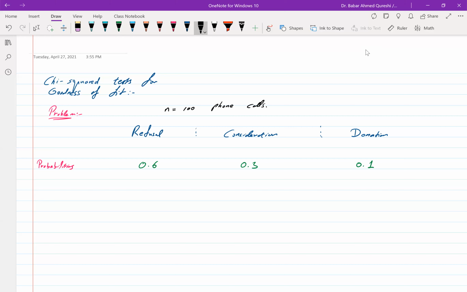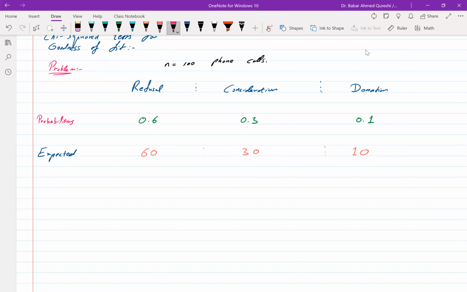And out of these 100 phone calls, their expectation would be, based on these probabilities, that 60% would refuse, so 60 will refuse, 30 will consider, and 10 will donate.